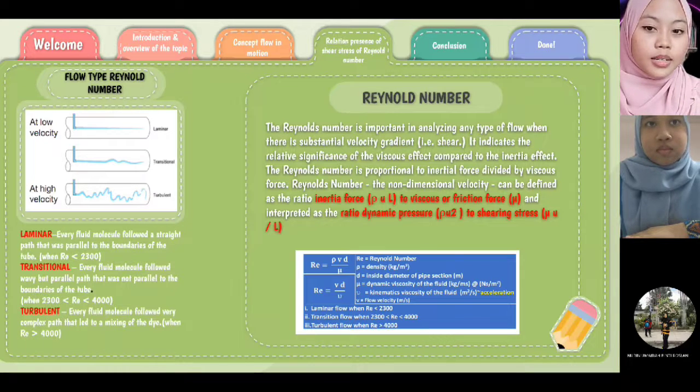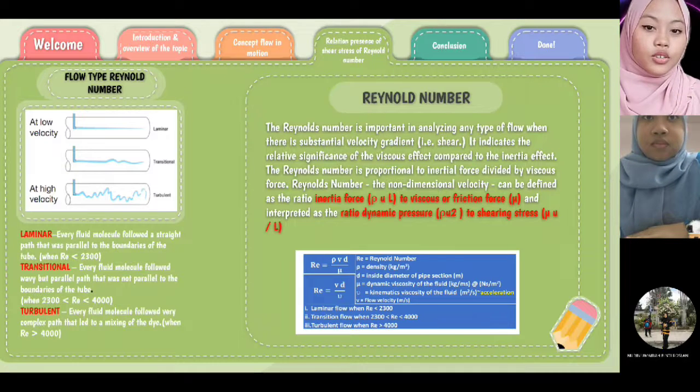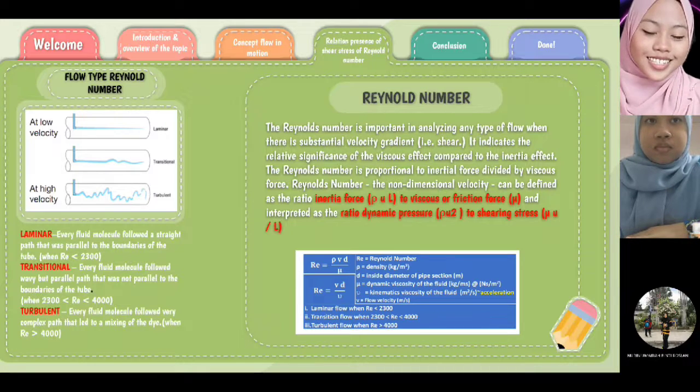The Reynolds number is proportional to inertial force divided by viscous force. Reynolds number, the non-dimensional number, can be defined as the ratio of inertial force to viscous or friction force, and interpreted as the ratio of dynamic pressure to shearing stress.